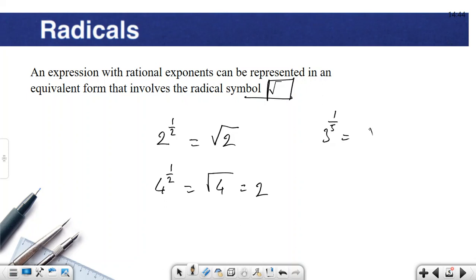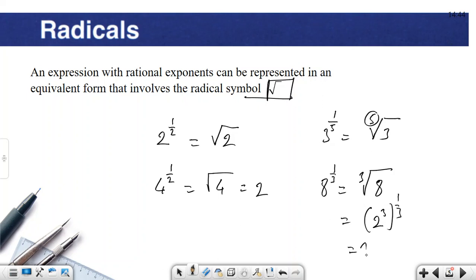Or 3 to the power of 1 over 5. There's a special one: you need to write a 5 here, and 3. So that's the 5th root of 3. Or 8 to the power of 1 over 3, that's the cube root of 8. What is it? 8 is 2 cubed, and this is 1 over 3, so that's going to be 2.